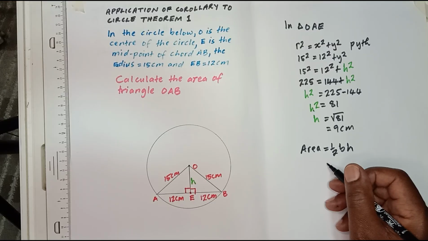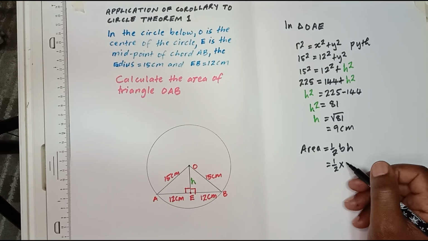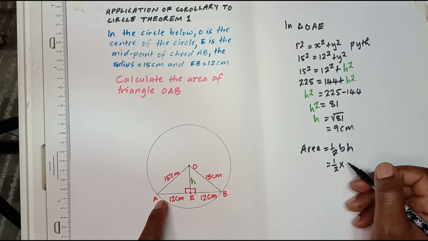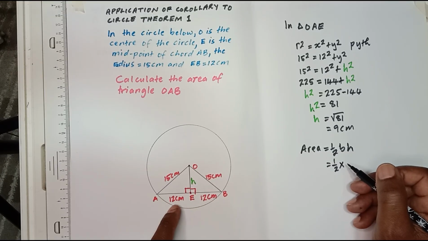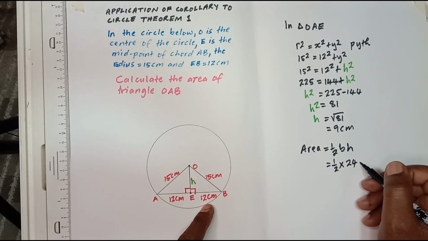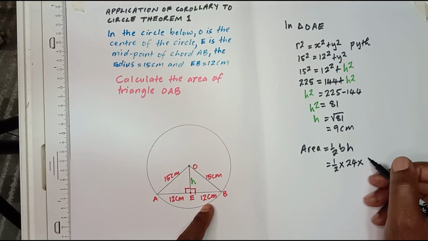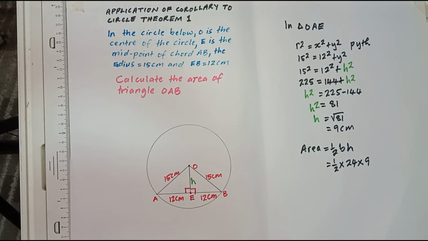So this is equal to half multiplied by the base here, AE plus EB, which is 12 centimeters plus 12 centimeters. That will give us 24 centimeters multiplied by our perpendicular height, which is 9 centimeters.